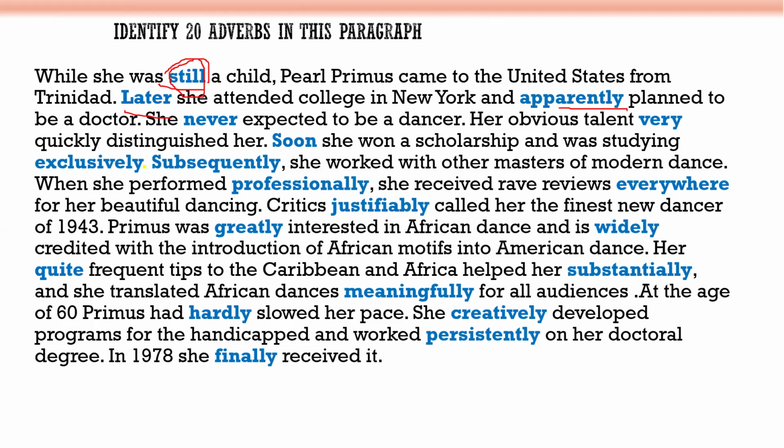Never expected to be a dancer, her obvious talent very quickly distinguished her. Soon, she won a scholarship and was studying exclusively. Subsequently, she worked with other masters of modern dance. When she performed professionally, she received rave reviews everywhere for her beautiful dancing. So, yan.